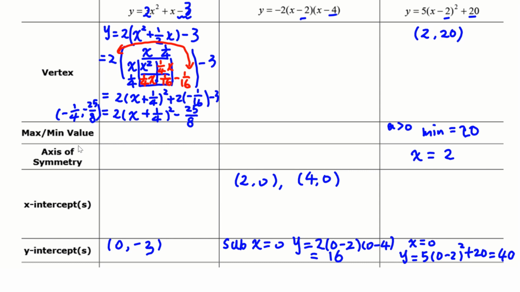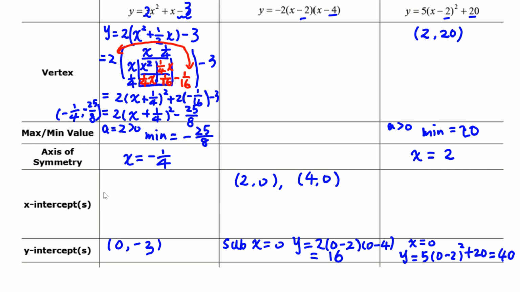So this is how to use the box method to find the vertex. Then from this vertex form, we are able to find the axis of symmetry, which is the p-value, the opposite of the number inside the bracket squared. Then for the maximum or minimum value, a is 2, which is positive, so it opens up. You are going to have a minimum at the vertex, equal to the y-value of the vertex.